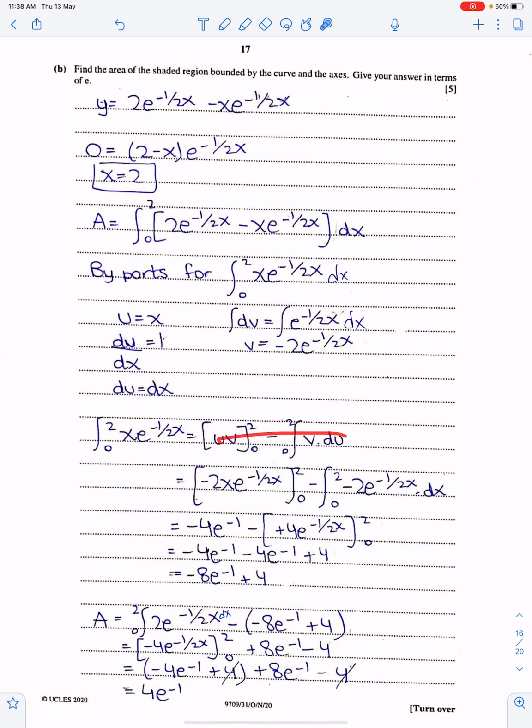We always differentiate u to get du, and we always integrate dv to get v. This is the by parts formula. u is this, whereas v is this, and this is v and this is du. This is the answer of this part, and you can easily integrate this in this way.